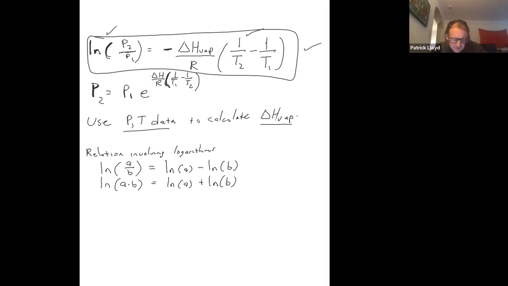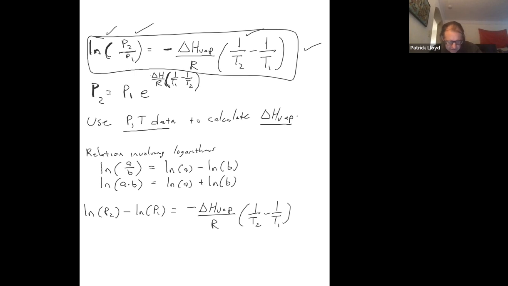So what I'm going to do with this version up here is take advantage of that, and I'm going to write it as ln of P2 minus ln of P1. And that's going to equal minus delta H vaporization over R times 1 over T2 minus 1 over T1. And then I'm just going to go ahead and add ln of P1 to both sides.